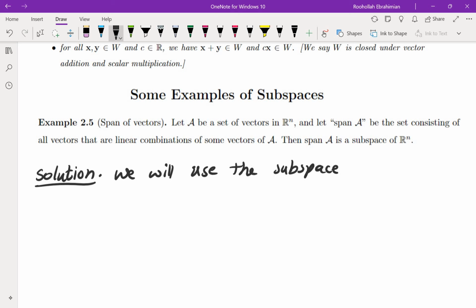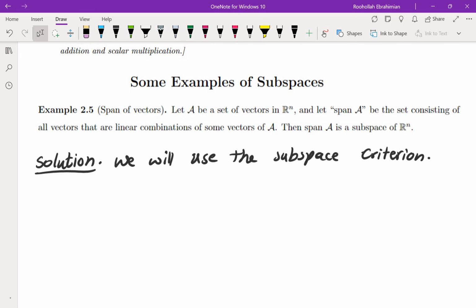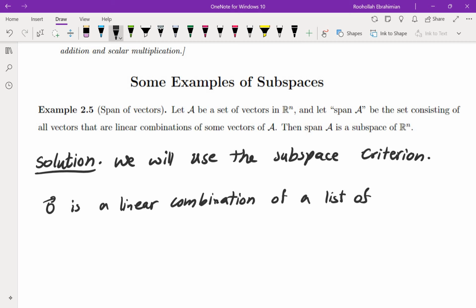Okay, so how do we apply the subspace criterion? We will have to show 0 is in that set, 0 is in the span of A. We know that 0 is a linear combination of basically any set. In particular, 0 is a linear combination of the empty set, a list of no elements.